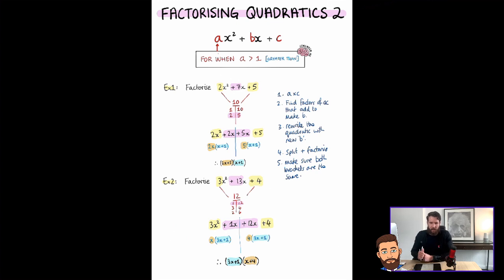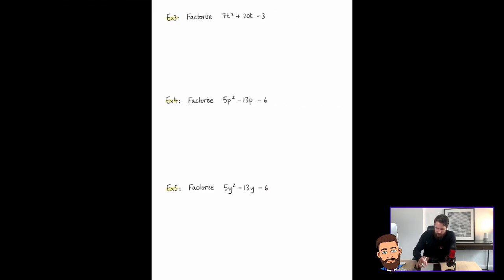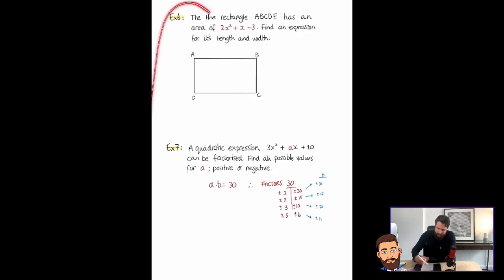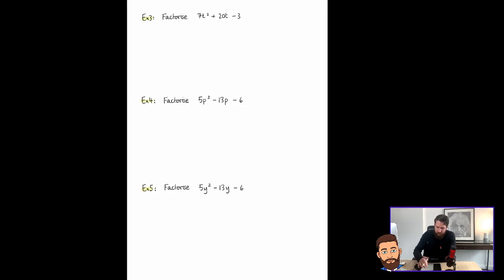And then right at the end, we're going to look at how the examiners put these types of questions in other contexts. So how do they make it harder for you with some words and some pictures or some diagrams where you have to work it out yourself, where it's not just as straightforward as doing this. So we're going to go through these 3 examples here, and then we're going to look at the exam style questions.